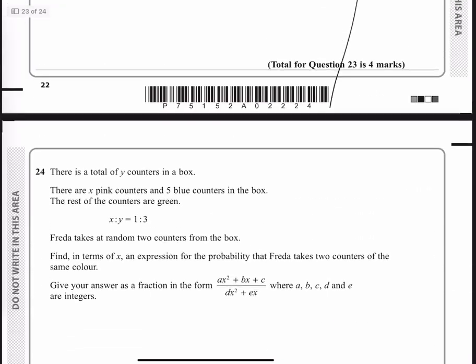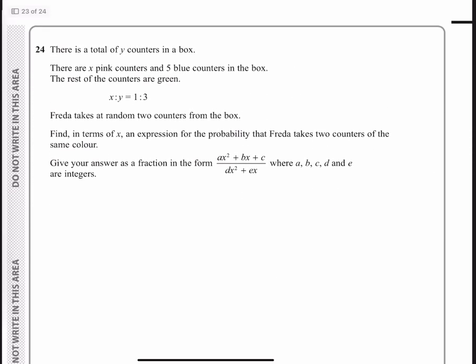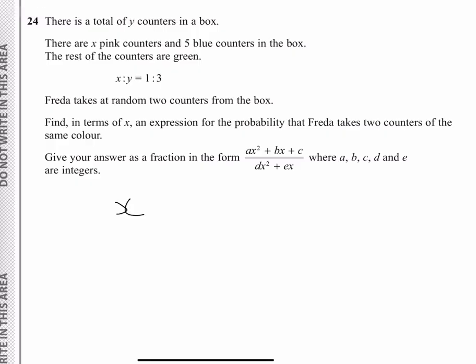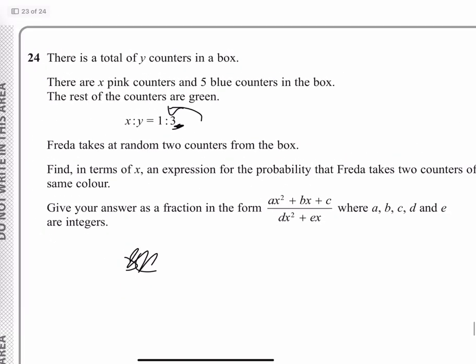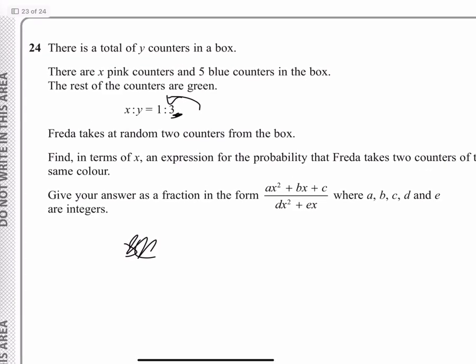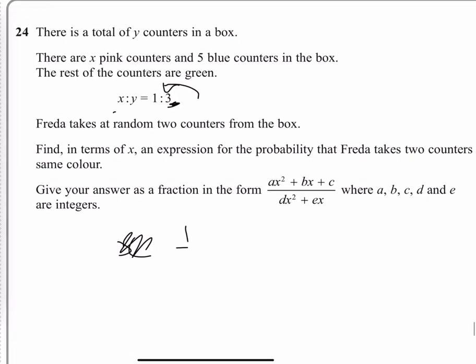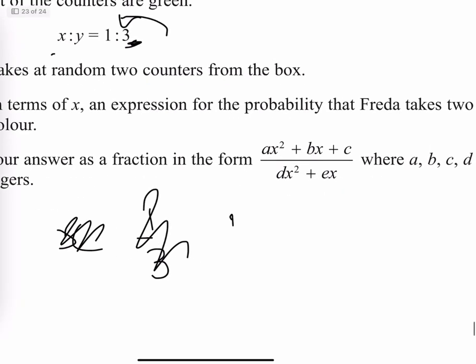Final question. Okay, very exciting stuff. There's y counters in a box, x are pink, and there's 5 blue. The rest are green. X to y is 1 to 3. Okay, so that means x is in... Okay, well actually, this is actually nicer than it looks because there's also an x term in this, which means for the total 1 and 3 are... Well, no, sorry, so y over 3 equals x.